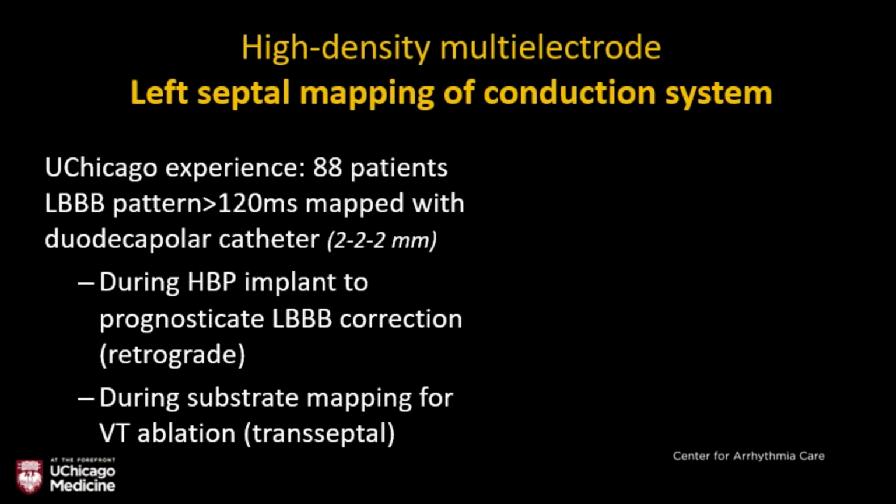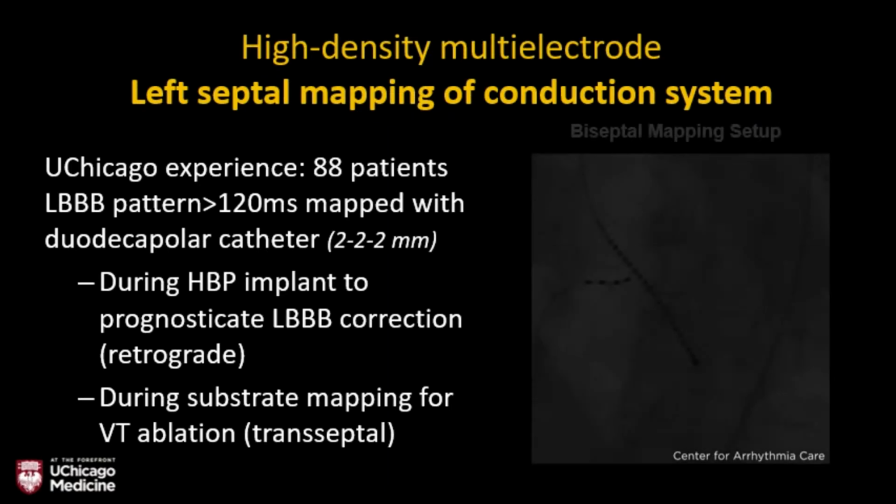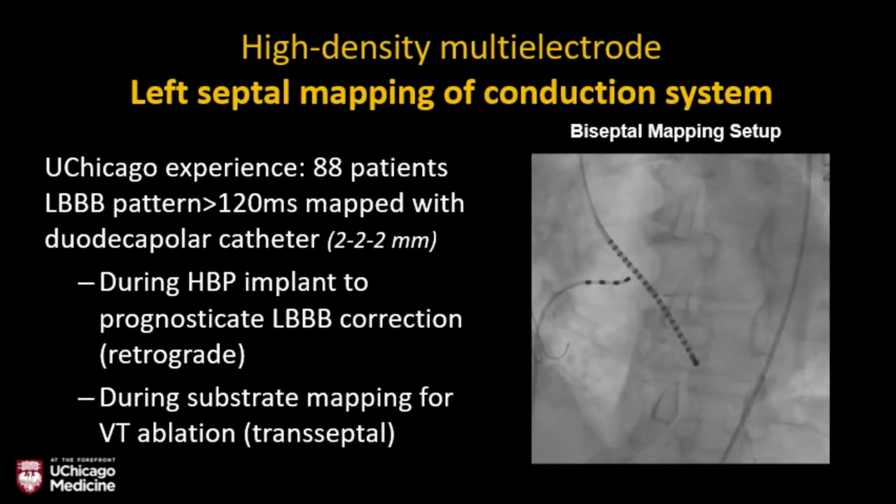This was done in patients referred for His bundle pacing implant, at the time to prognosticate on left bundle branch correction, or during substrate mapping for VT ablation. Our experimental setup involved the use of a quadrupolar catheter on the right side and a duodecapolar catheter on the left side of the septum delivered by a retrograde aortic approach.